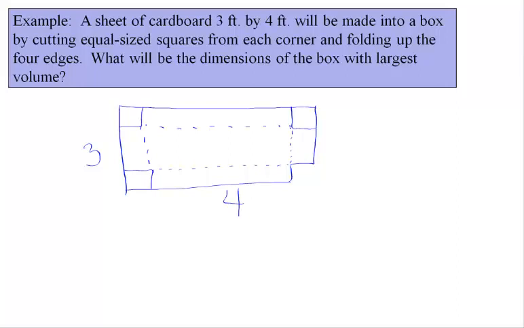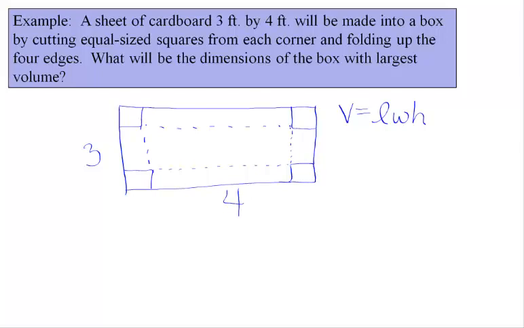What will be the dimensions of the box with largest volume? And I'm looking at length times width times height. That's going to be a rectangular solid. So that's all I have. That's all I know. I have a rectangle.